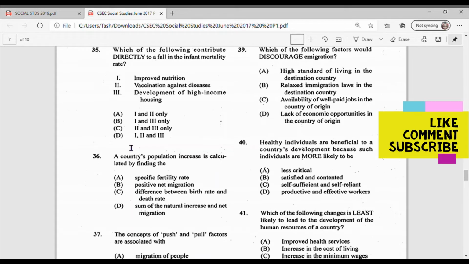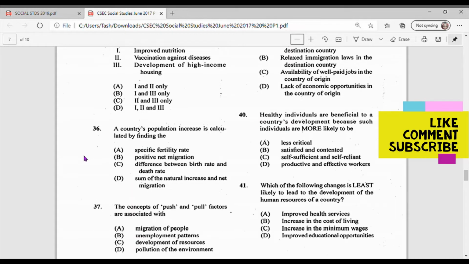36. Country's population increase is calculated by finding the specific fertility rate, positive net migration, difference between birth rate and death rate, sum of the natural increase and net migration. Alright, so it says the country's population increase, meaning the increase of the amount of persons in the population or in the country.